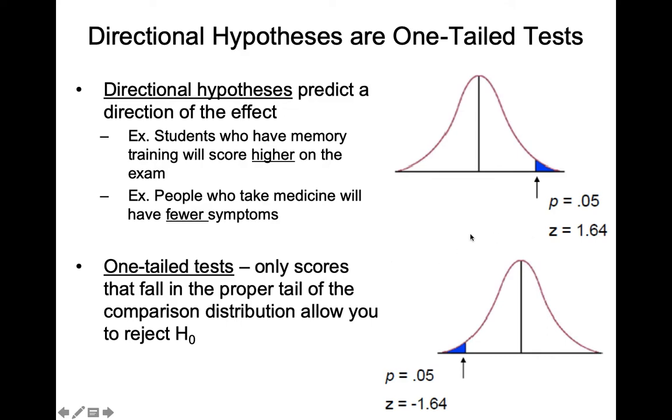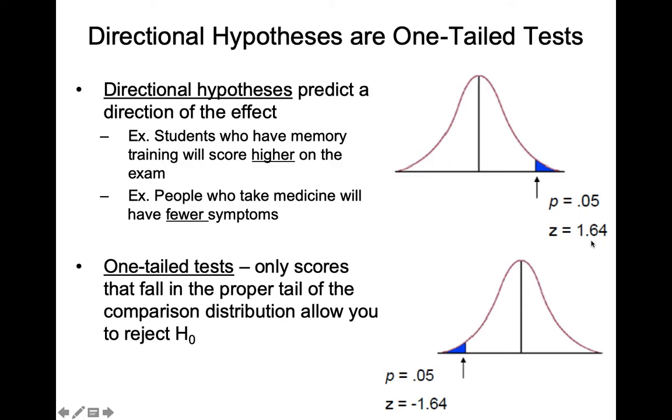Okay? A one-tailed test will always be associated with a critical value of 1.64. Either positive 1.64 in the case of predicting an increase, or a negative 1.64 in the case of predicting a reduction.